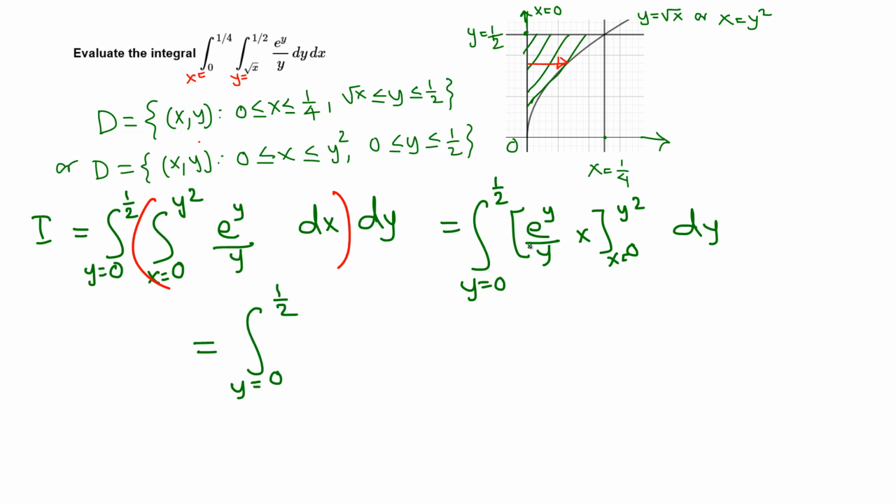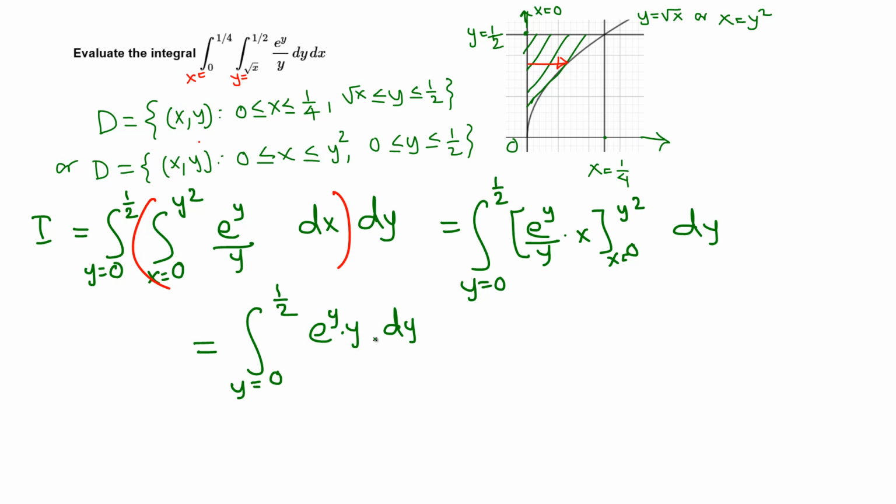Now replace x by the upper limit y squared minus the lower limit 0. The upper limit gives e^y times y squared over y, one copy of y cancels, so e^y times y, minus the lower limit when x equals 0, everything is 0, so we don't have to write it. So we get a product, but this one is easier than the initial one had we tried that way.